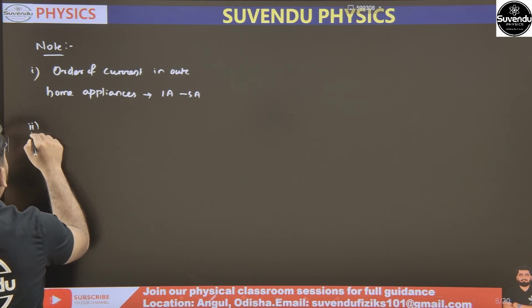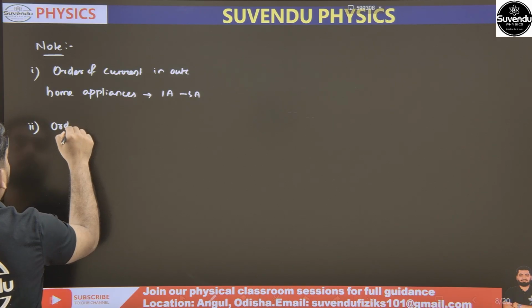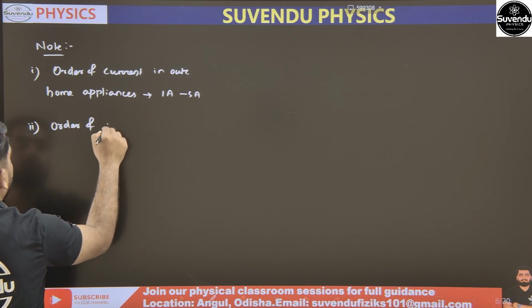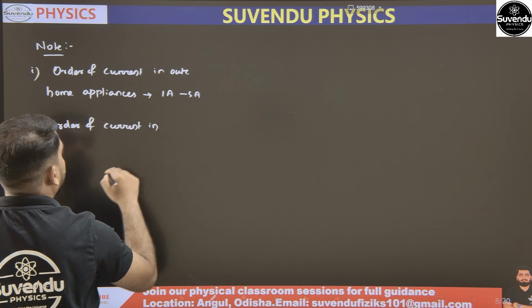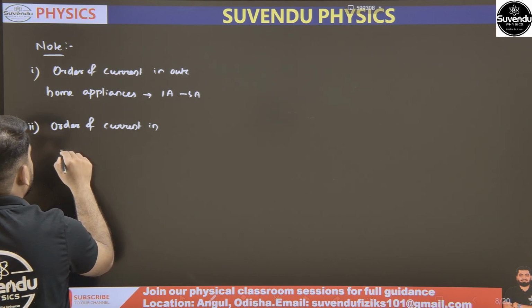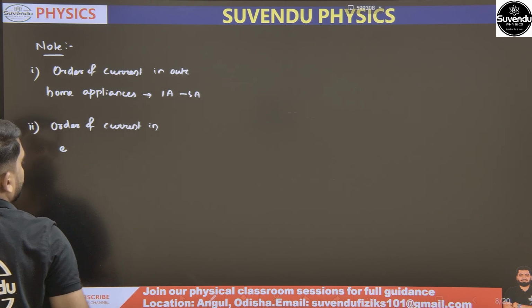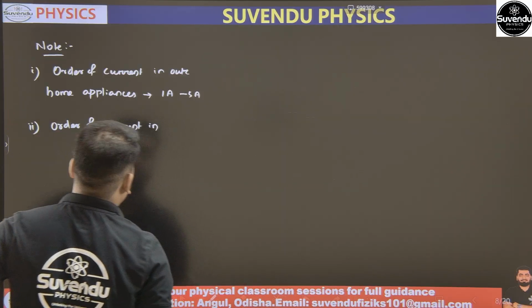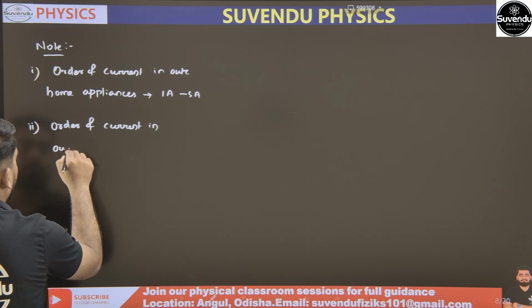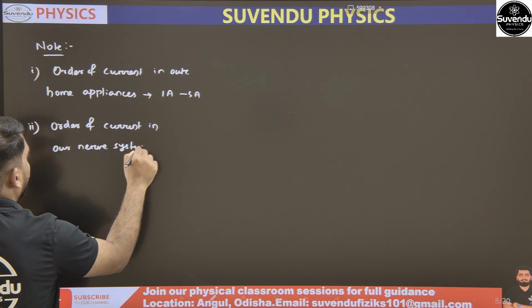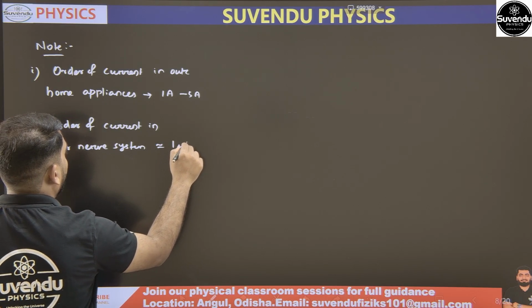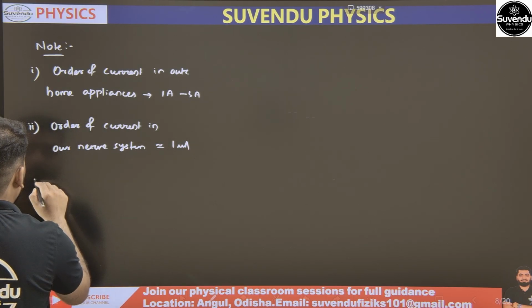Second thing, order of current in our nerve system, that is nearly 1 microampere. Clear?